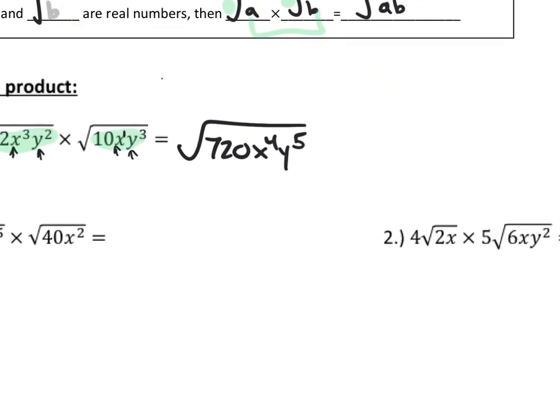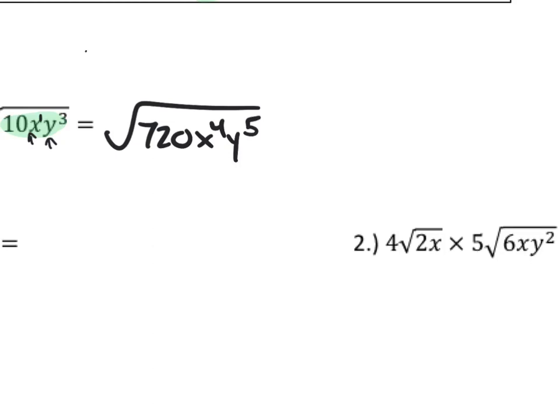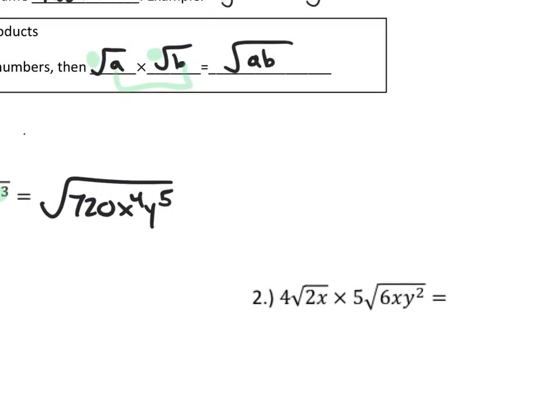And then we could continue on and simplify this like we've been doing previously, to where I'm looking for a large perfect square within 720. And after you spent some time with it, you'd recognize that 720 is 144 times 5.